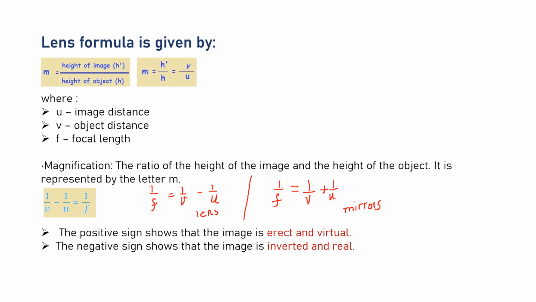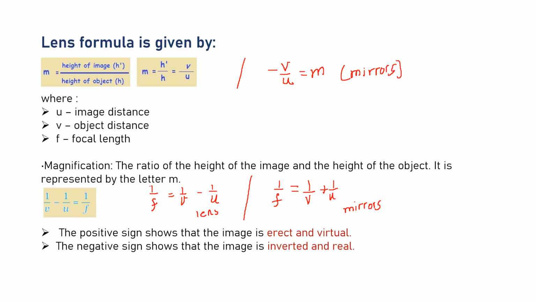The positive sign shows that the image is erect and virtual, we have discussed, and the negative sign shows the image is inverted and real. So v upon u is the magnification formula of lens, whereas minus v upon u was the magnification formula of mirrors, right? Mirrors, fine. So this is what you have to know.